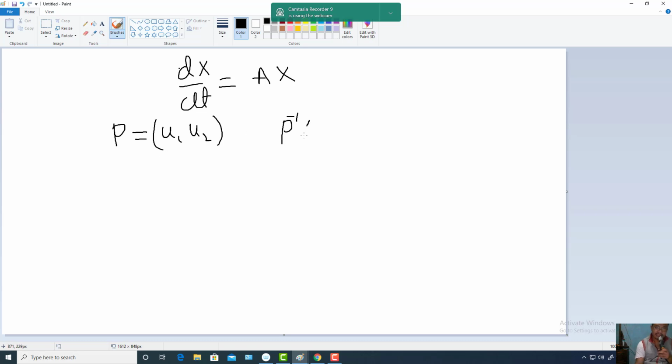So P inverse A P you can write in terms of a diagonal matrix. What are the entries in the diagonal matrix?